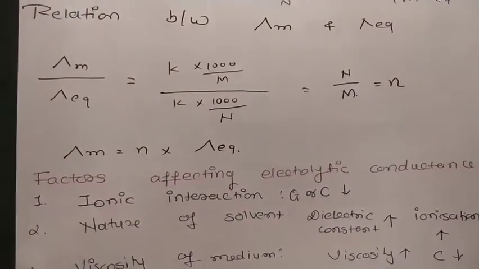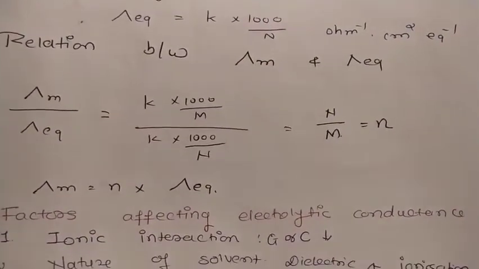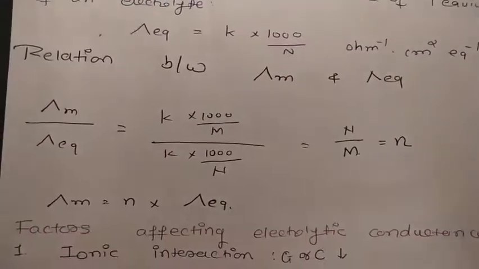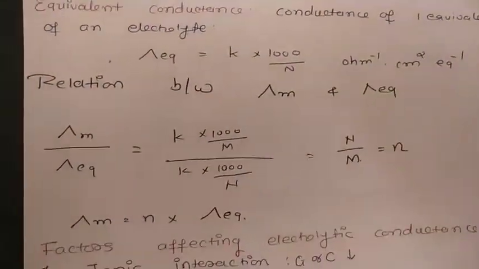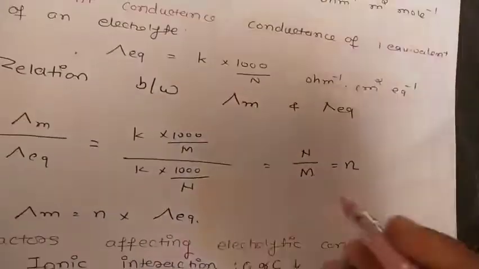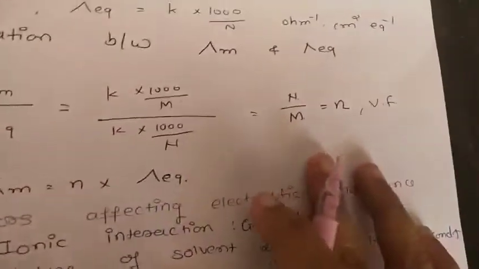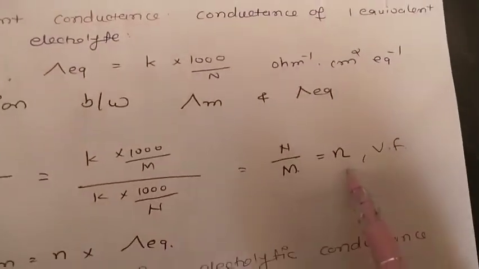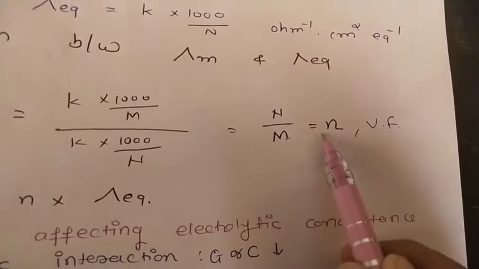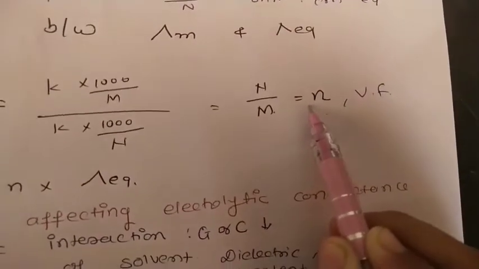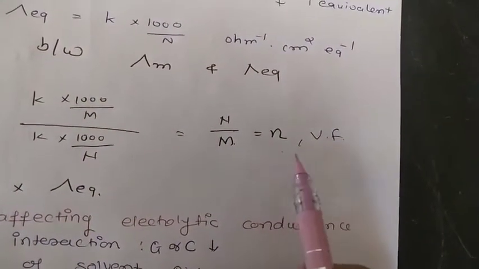The relation between lambda m and lambda equivalent: normality upon molarity is equal to the n factor. The n factor is also known as the valency factor. For an acid, it can be calculated based on the H plus ion; for a base, based on the OH minus ion; and for metals, based on its charge.